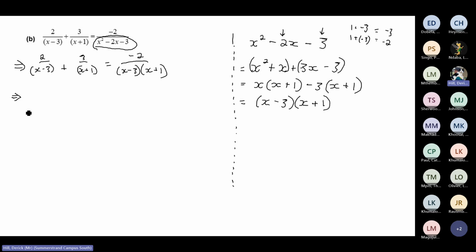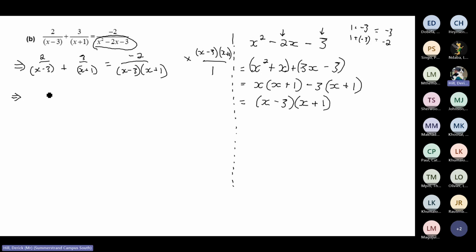Now let's get rid of our denominators because they're just getting in the way right now. So we are going to multiply both sides by x minus 3, x plus 1, which is all over 1, which is going to sort out this denominator problem for us.